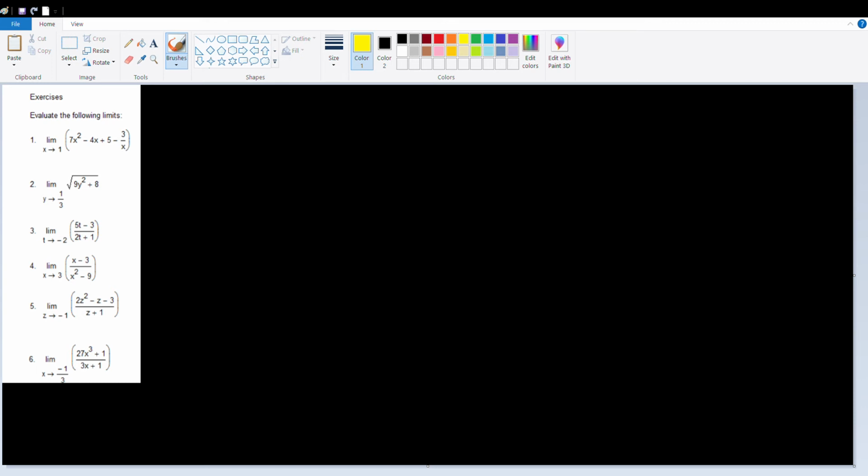So let us work on the following exercises. The simplest way of evaluating the limit is by the substitution method. What you do is you simply substitute a for x in f of x. So it's just f of a.